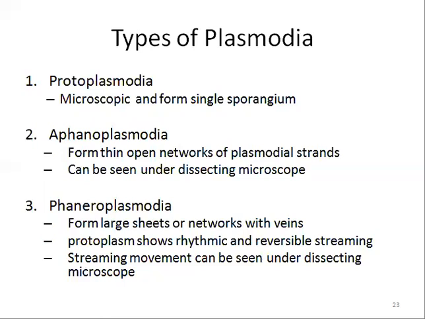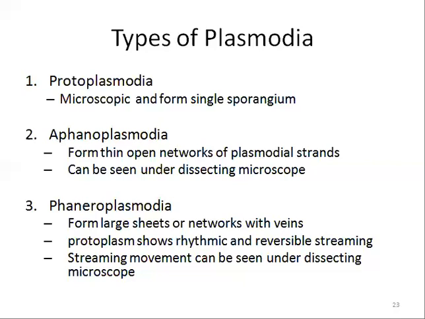They resemble the simple plasmodia of protostelids. The second one is aphanoplasmodia. Aphanous means invisible. They are small, invisible, thin, open networks of plasmodial strands. Most aphanoplasmodia are only seen with the help of a dissecting microscope.